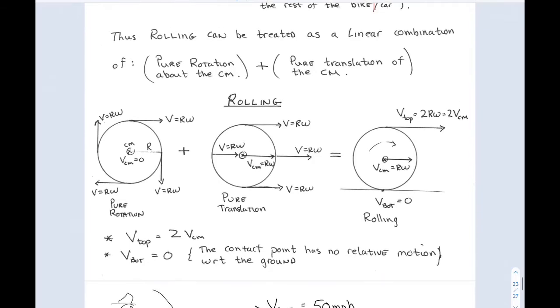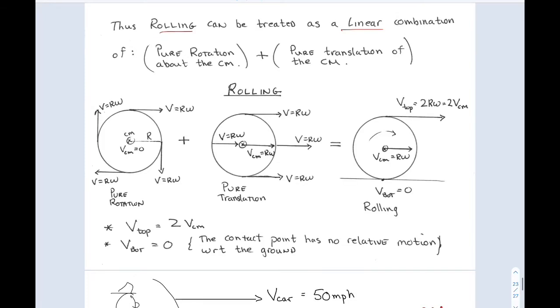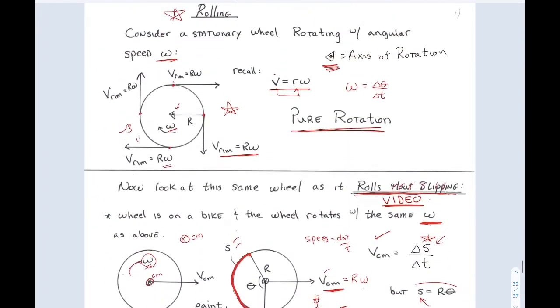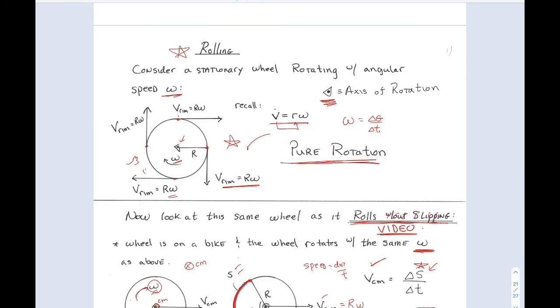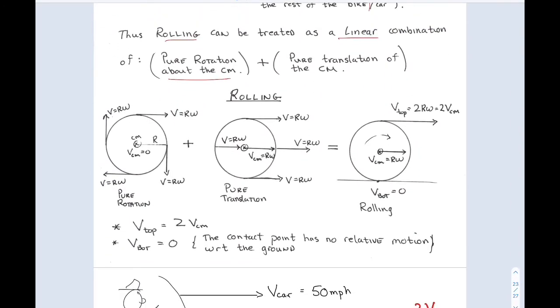So we're going to treat rolling as a linear combination of two motions. We can think of rolling as pure rotation about the center of mass. That was that picture. Rolling can be treated as a combination of pure rotation about the center of mass, plus pure translation of the center of mass.